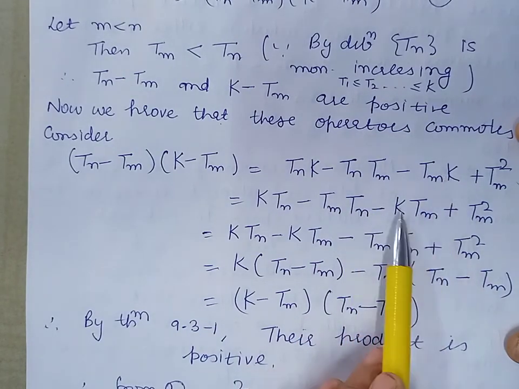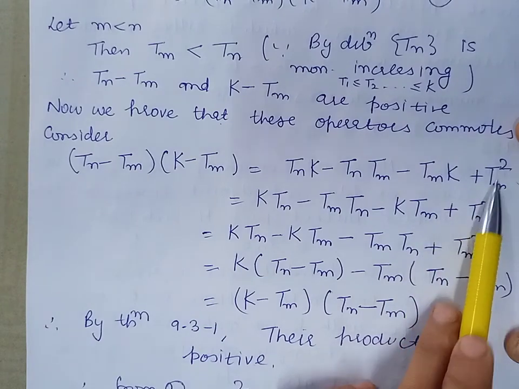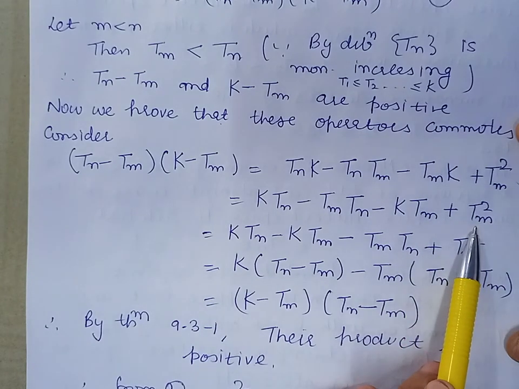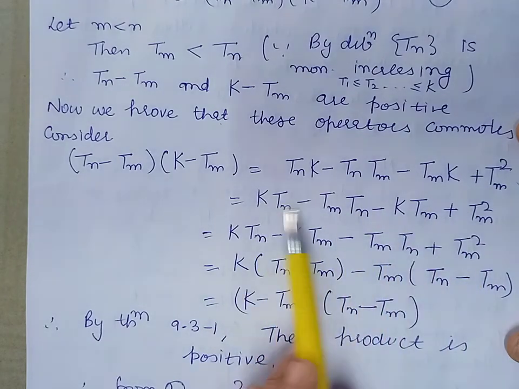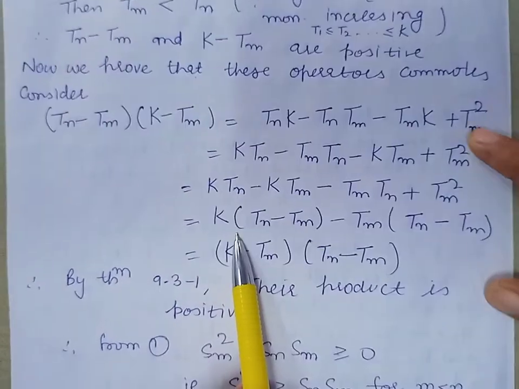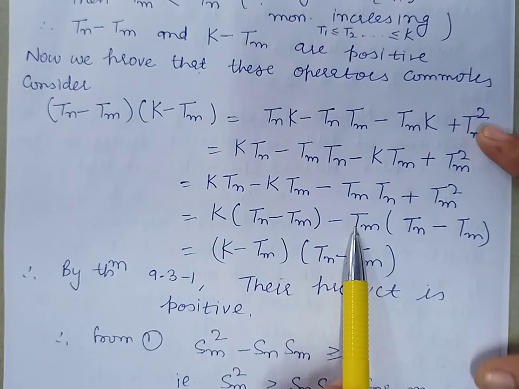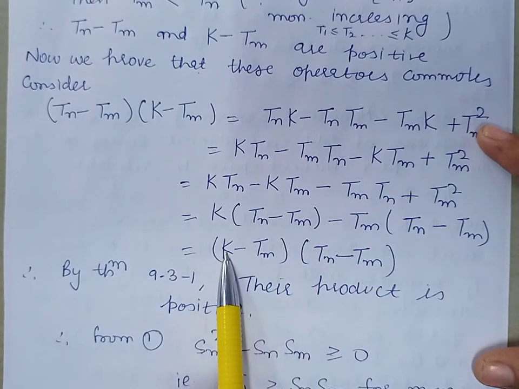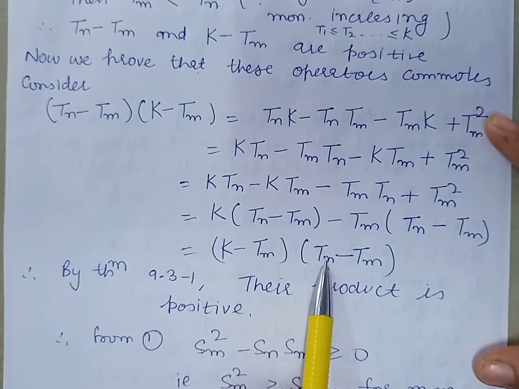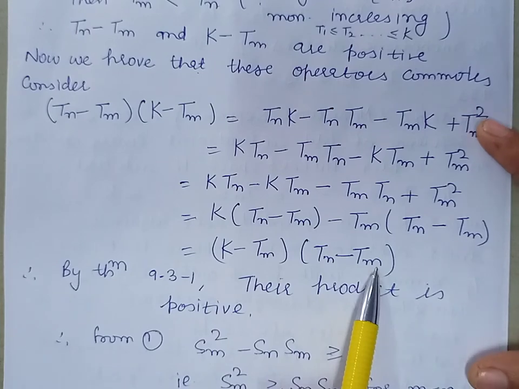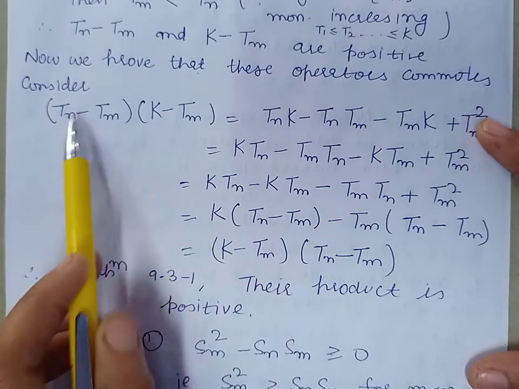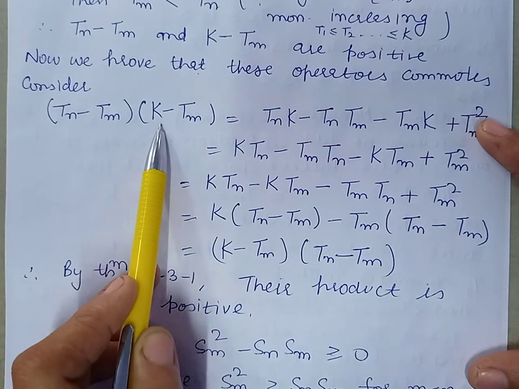This can be written as K into Tm, and this term is as it is, Tm square. Now we can combine these two terms, taking K common, and from these two terms taking Tm common. So we are left with K minus Tm into Tn minus Tm. So we can say that the two operators Tn minus Tm and K minus Tm commute.